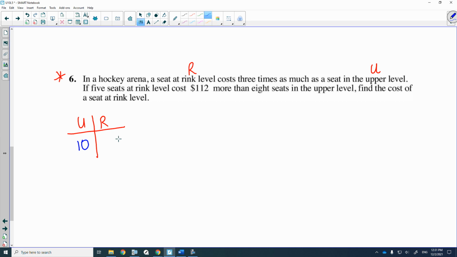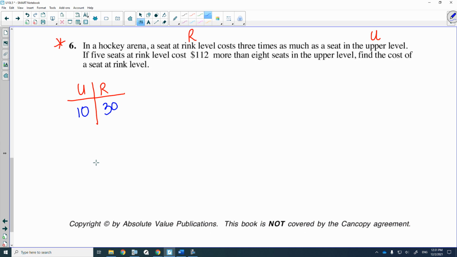It would be 30. So my question is, what's the formula? U is equal to 3R, or R is equal to 3U? Because it says 3 times as much, so that's going to be 3 times one of the variables. Based on this example, I just picked random numbers, right? I know that upper is less expensive, so I picked a 10 here, and then I tripled it. I could have put a 5 here and tripled it, right?